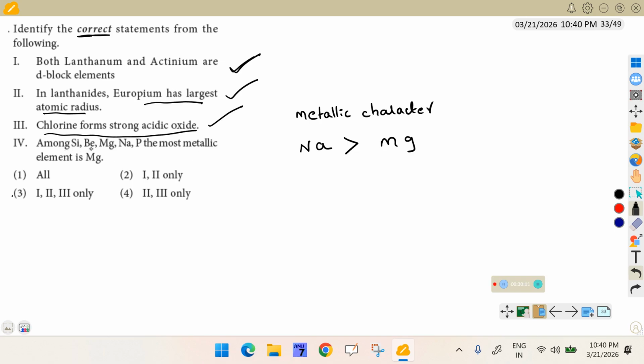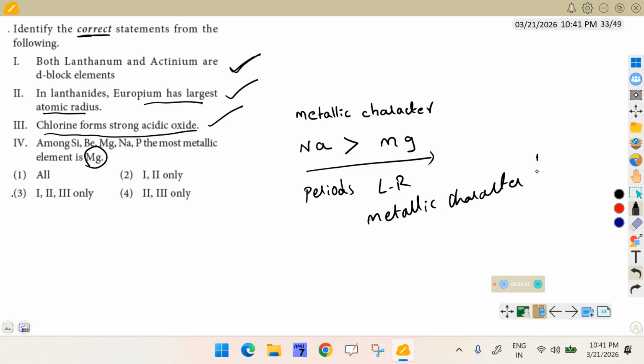Among silicon, beryllium, magnesium, sodium, and phosphorus, the most metallic is magnesium is given. We know that metallic character, across a period from left to right, decreases. This statement is wrong. The correct option is the third option.